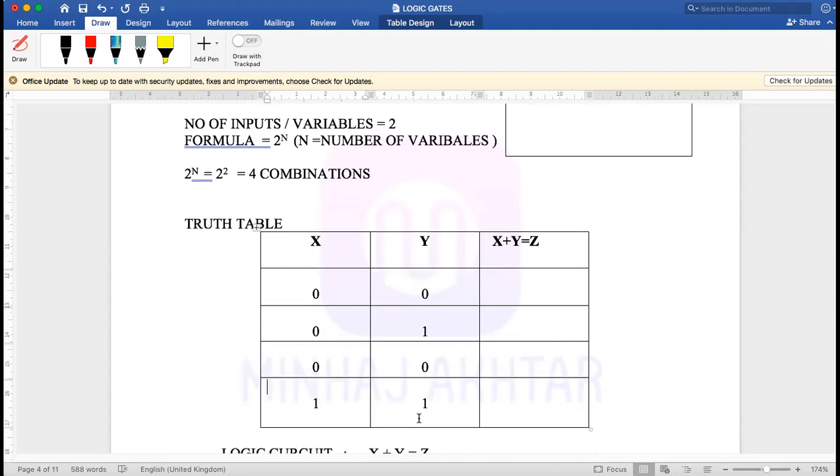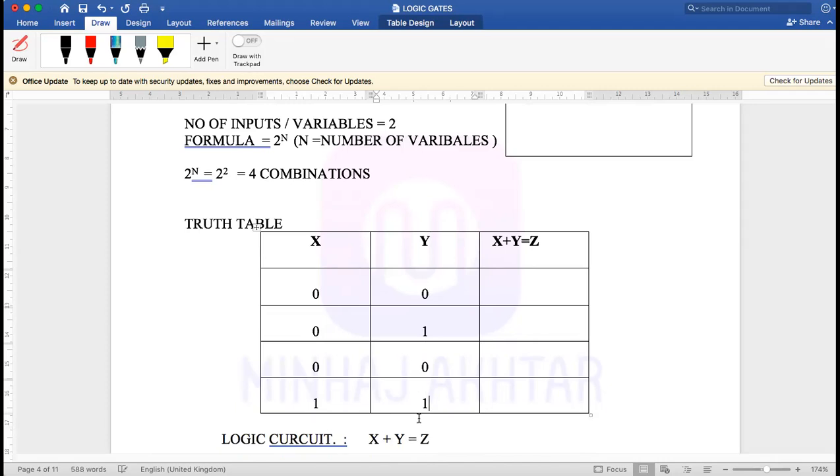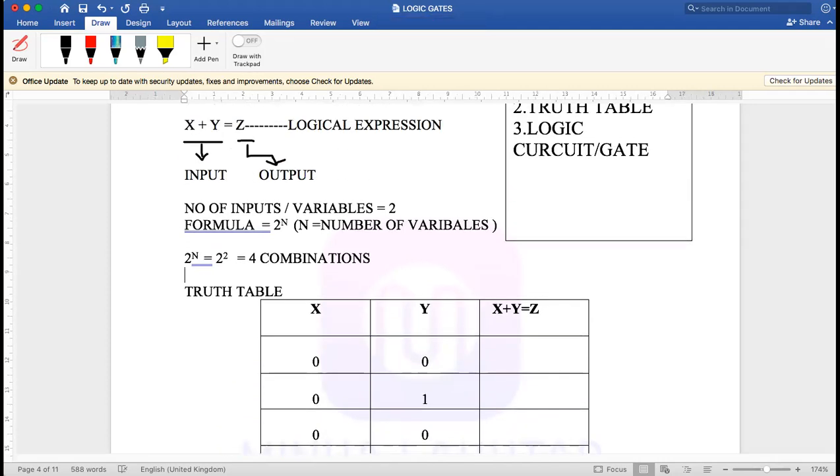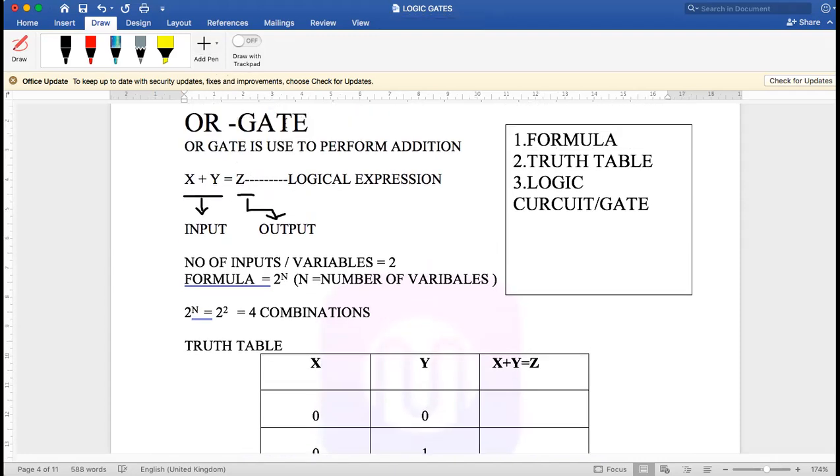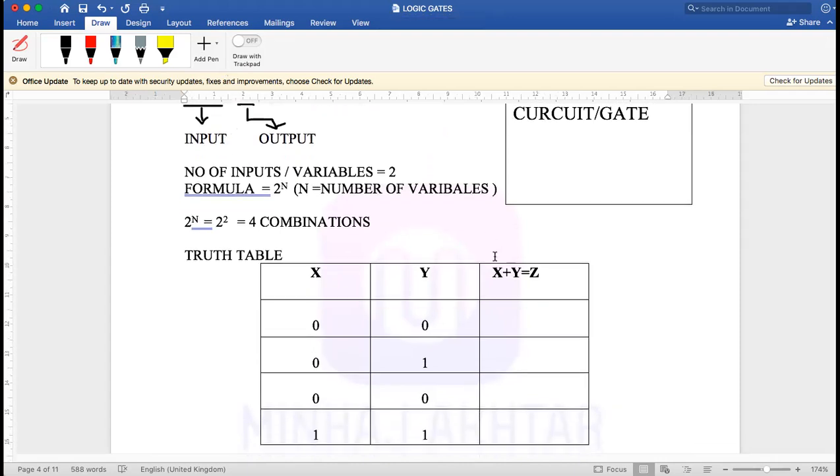Okay. Now the next thing, what you are going to perform in the truth table. Tell me, what we are going to perform in OR gate. We add all the inputs. So 0 plus 0 is 0, 0 plus 1 is 1, 1 plus 0. Very good. So the story is 0, 1, 1, and 1. This is our story.